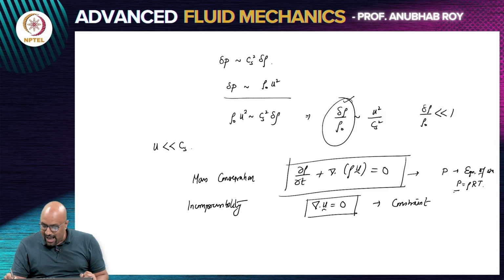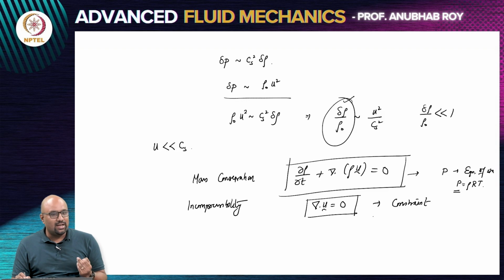Which means the absolute value of pressure is important. The value of pressure at a given point in space is given by the value of density at that point, if you take the bare minimum, which is the ideal gas. When you use incompressibility, you will finally realize that the absolute value of pressure has no role to play in the dynamics. What would matter is the gradient in pressure.